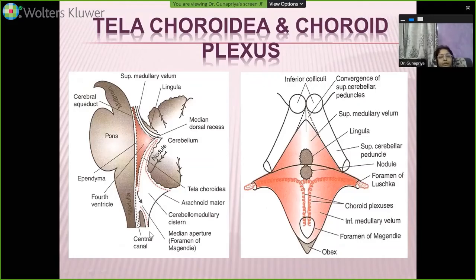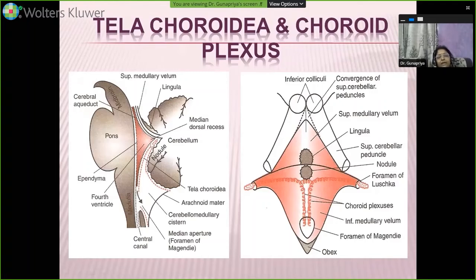So you can make out the tela choroidea here. This is the double layered fold of pia mater, which even forms a covering for the cerebellum here. It's a double layered fold, like how you find double layered folds of pleura. You find double layered folds forming the pulmonary ligament for the lung. Likewise here also you find double layers, so that here and there it forms spaces to accommodate the fluid.